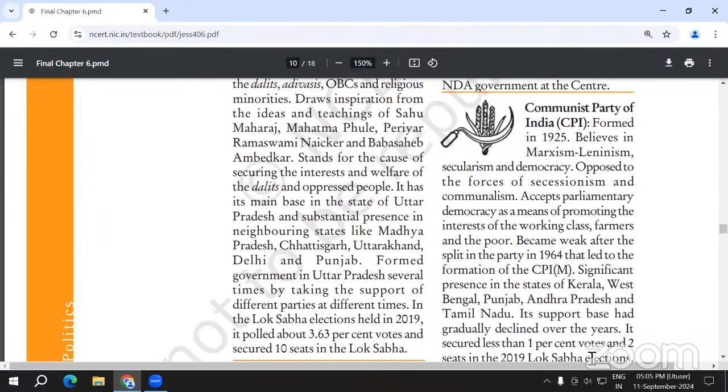Okay. Now, second point: opposed to the forces of secessionism and communalism. What are the meanings of these two words?